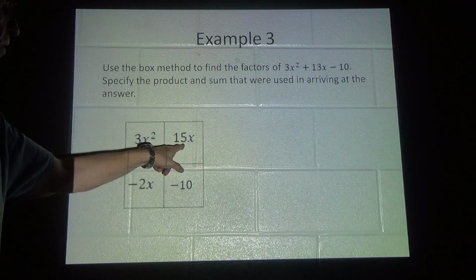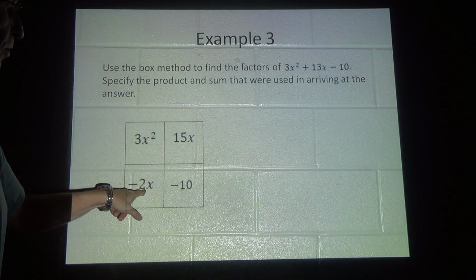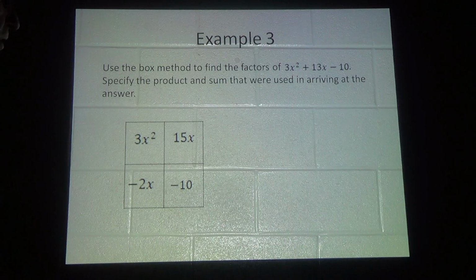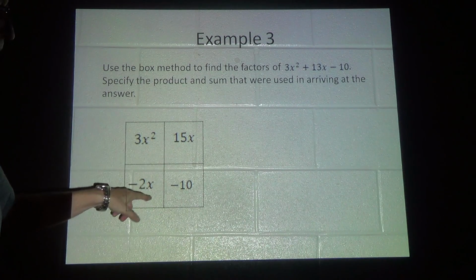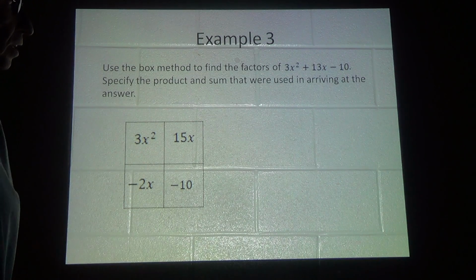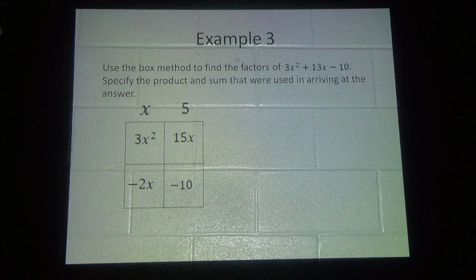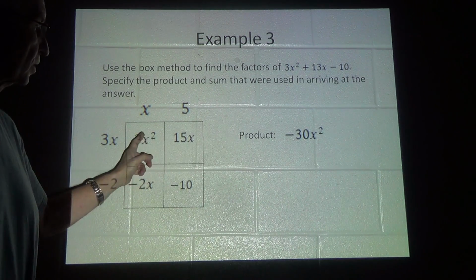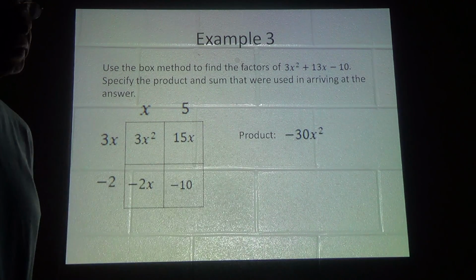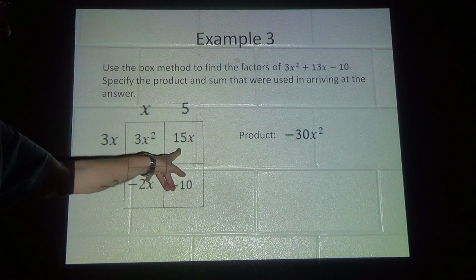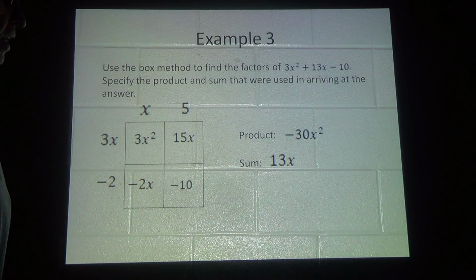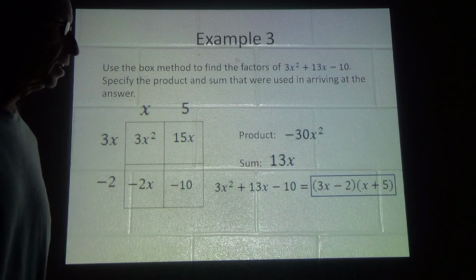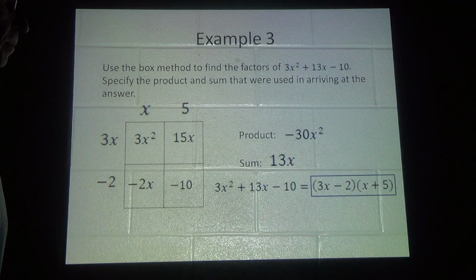That will give us 15x times negative 2x, because 15x minus 2x is 13x. So that gives us x plus 5 as the greatest common factors here, and 3x minus 2 this way. The product is these multiplied together, which was negative 30x squared. These added together is the sum, which is 13x. And that is our finished product of coming up with the factors of this particular trinomial.